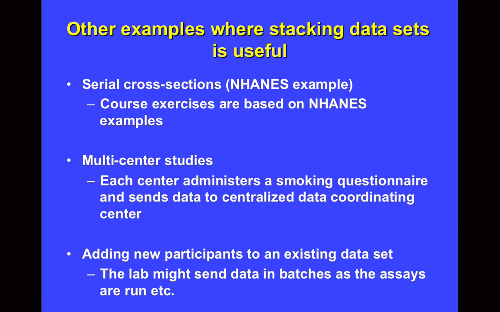For example, in 1999 and 2000, 10,000 individuals in the U.S. were enrolled into one cross-section of the NHANES study. And then in 2001 and 2002, a separate set of 10,000 individuals are enrolled into a second cross-section. So if you wanted to take those data and combine them into one data set so that you would have a larger sample size to look at various study questions, you could use the approach we just talked about to get them stacked.